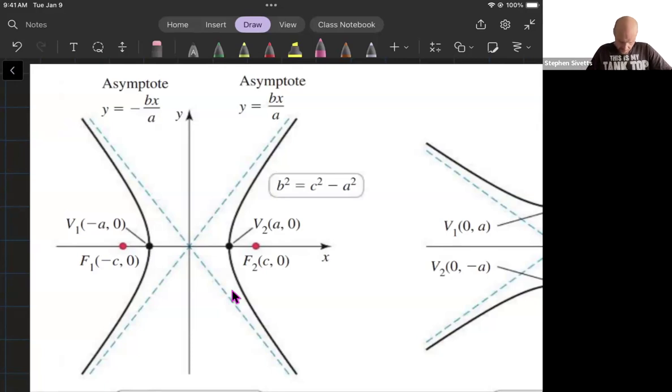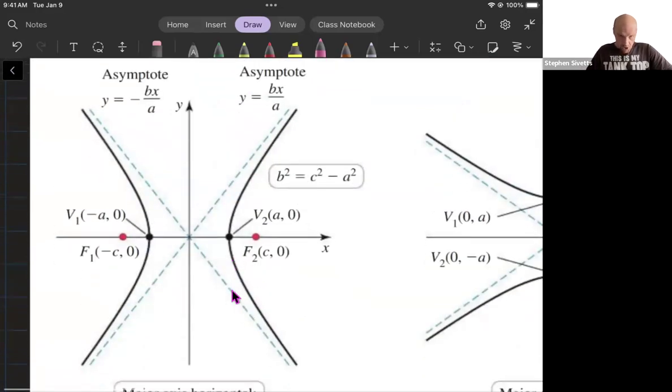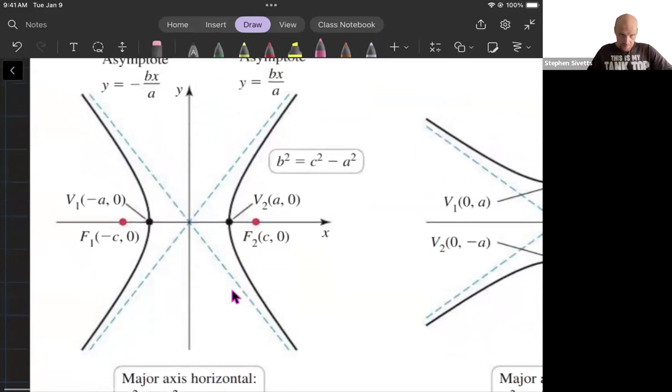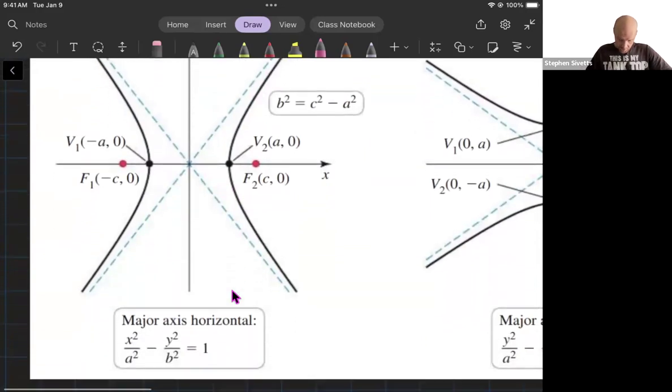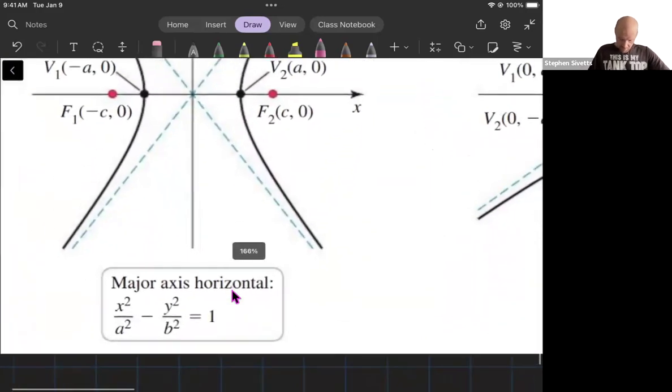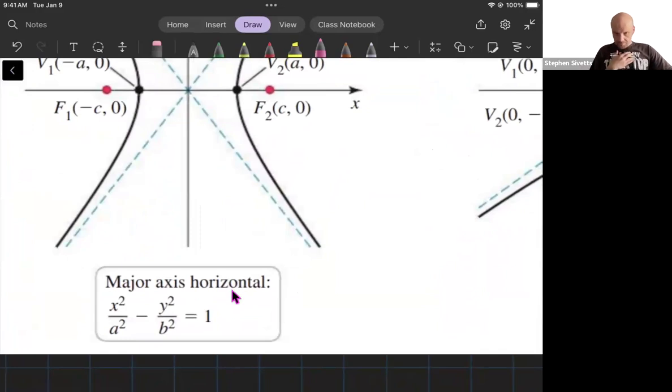So this is one form of the hyperbola where the major axis, or they call this the transverse axis, excuse me, is horizontal, right?